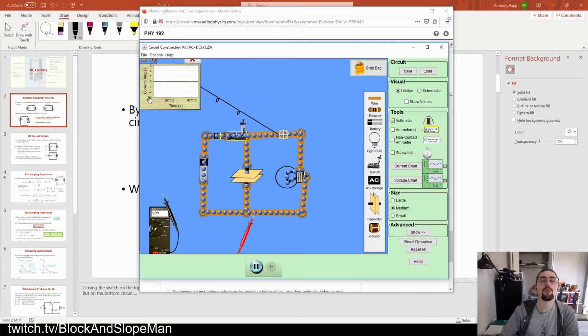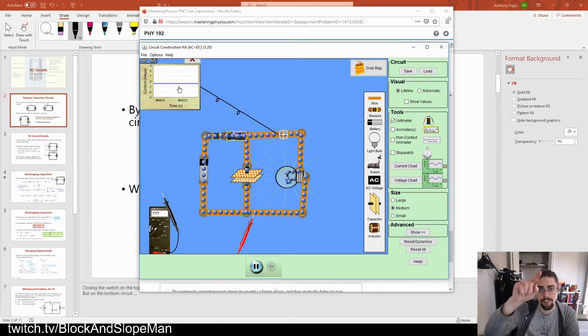It's still a continuous function if you remember all of those early calc terms. But it does certainly start to decrease. We reconnect it again. It ramps back up. But you can see even then, when we reconnect it, it quickly jumps and then it slowly fades to the running current that this thing would experience.